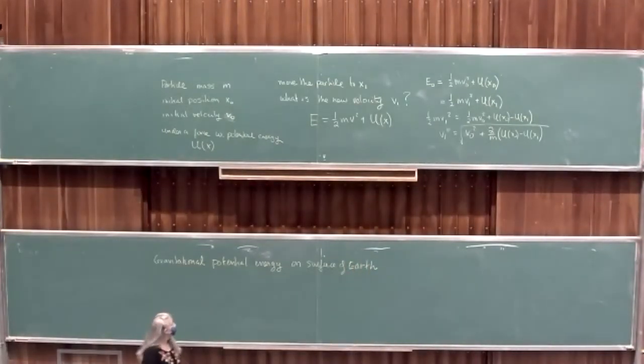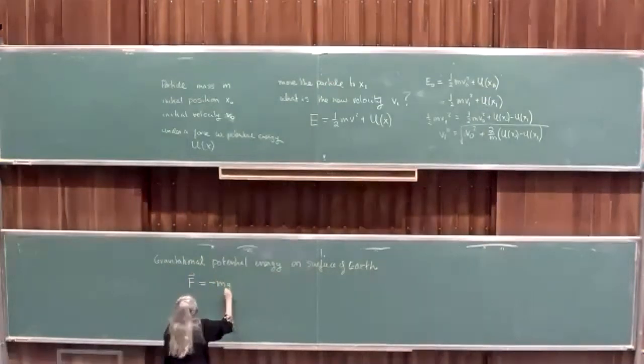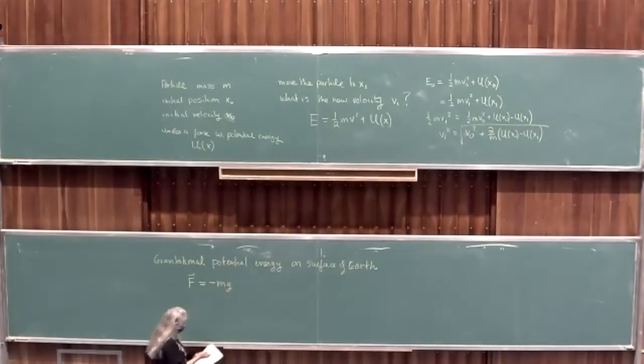So gravitational acceleration is F equals minus mg. This is for a particle or a block of mass m, and it's down.